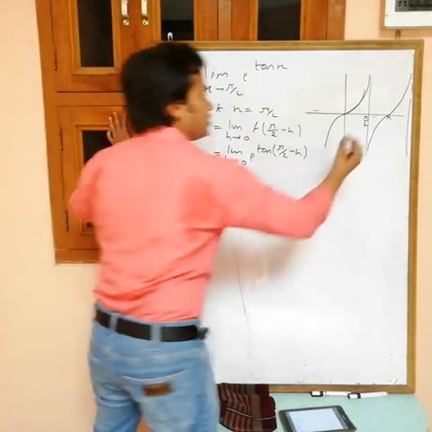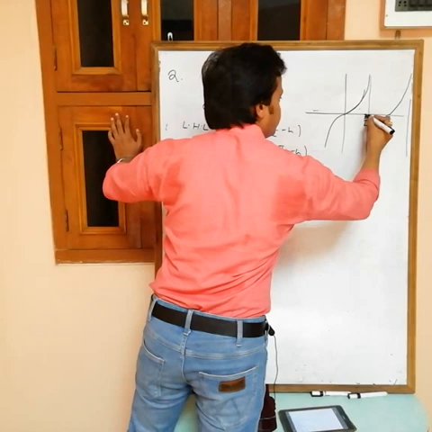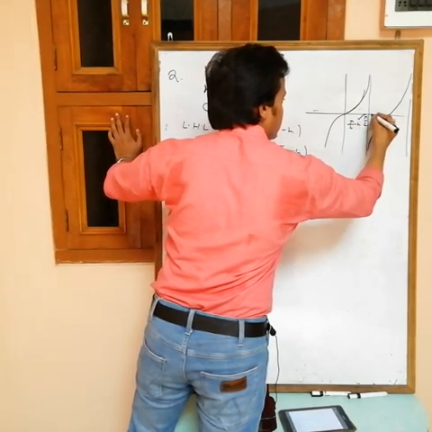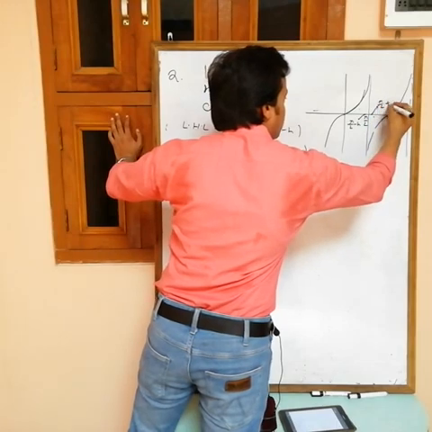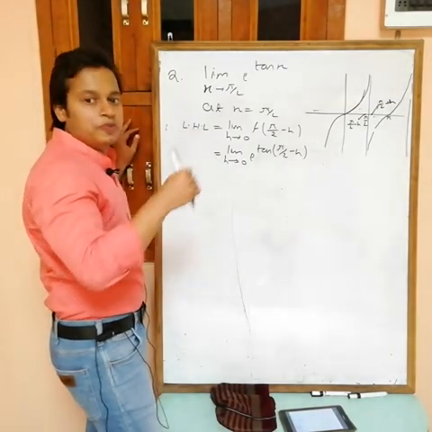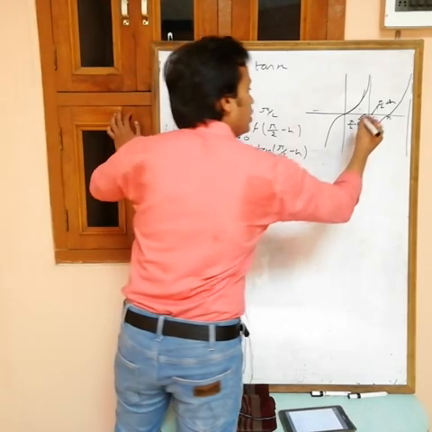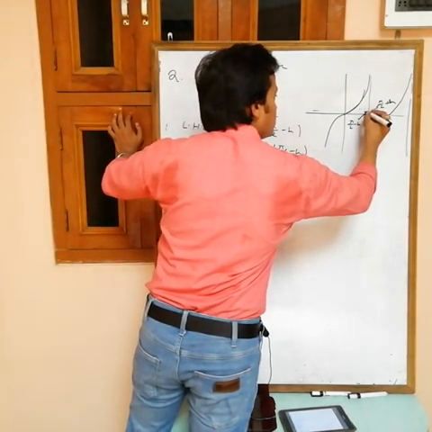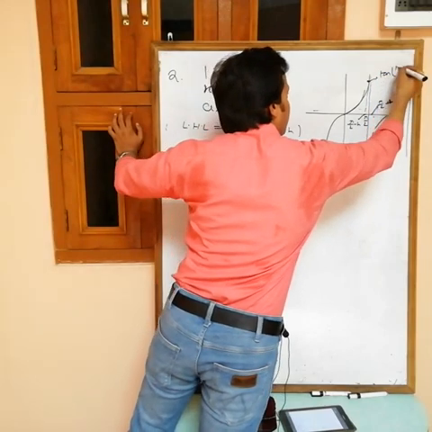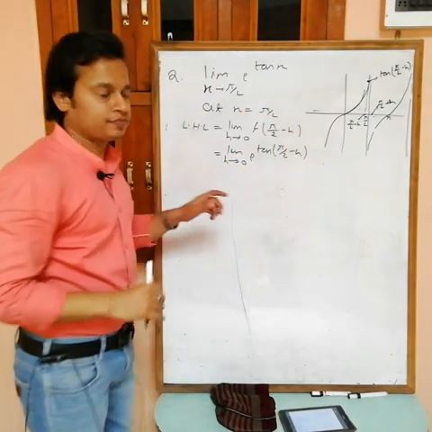Okay, now see, this is pi by 2. Here you have pi by 2 minus h, and this one is pi by 2 plus h. Just previous to pi by 2 is pi by 2 minus h, just next to pi by 2 is pi by 2 plus h. Now the value at pi by 2 minus h is this one, tan of pi by 2 minus h, and this is plus infinity.